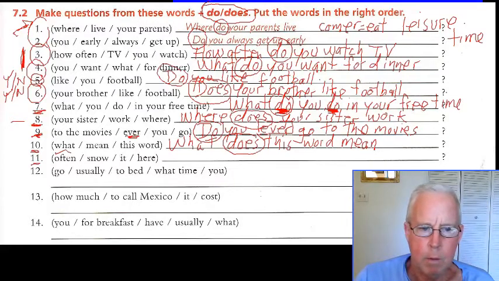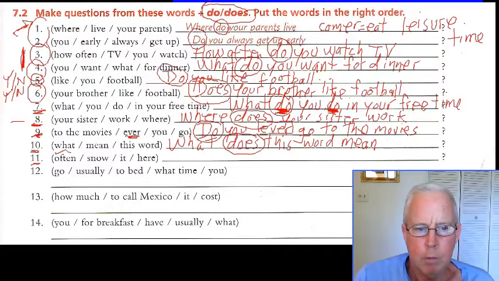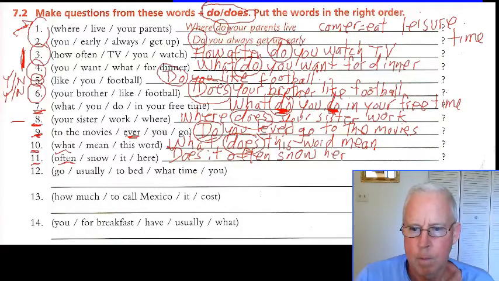Okay, number 11 is a yes/no, and it has one of these words, so we have to be very careful here. Does it often snow here?